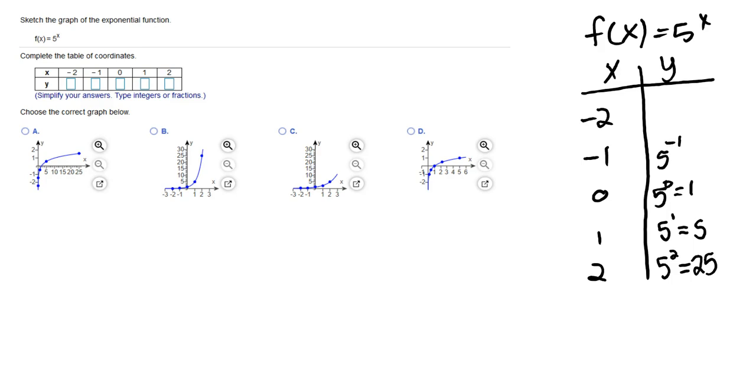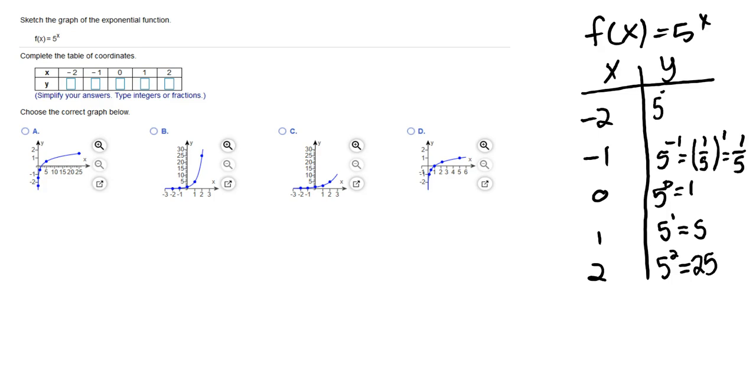We have 5 to the -1. Having a negative in the exponent means that you're going to do the reciprocal of the base and then raise it to that power. So the reciprocal of a base of 5 is 1/5, and then we'll raise it to the first power to get 1/5.